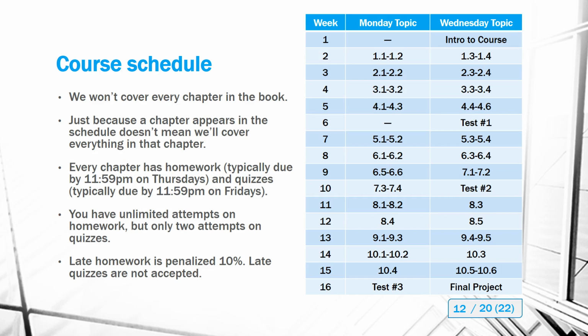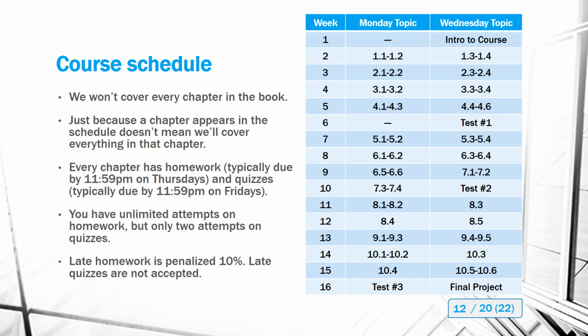I say typically because there is an exception. If you go down to week 10, you'll notice that we're taking our second test there on a Wednesday, but the Monday before, we actually have lecture material that we're covering, sections 7.3 and 7.4.